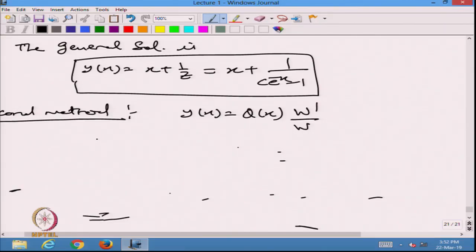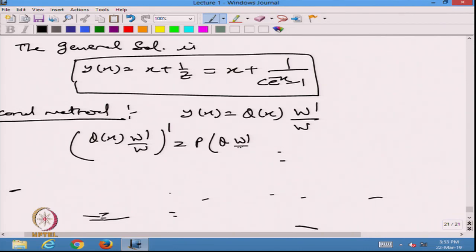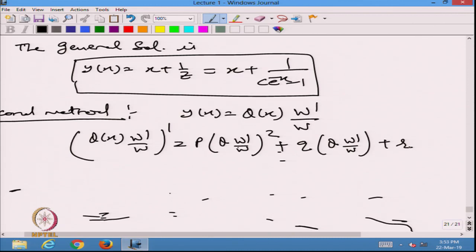Now, in this case I take the derivative. Putting this in the Riccati equation, I get Q(x) w'/w = P Q² (w'/w)² + Q (w'/w) + r. I am just substituting in the given Riccati equation.